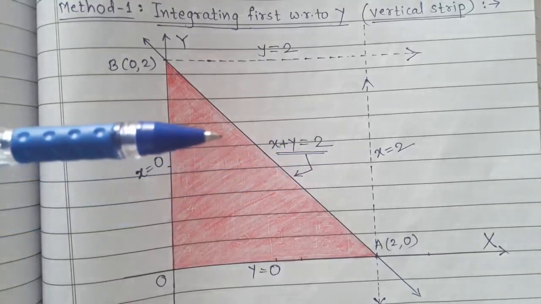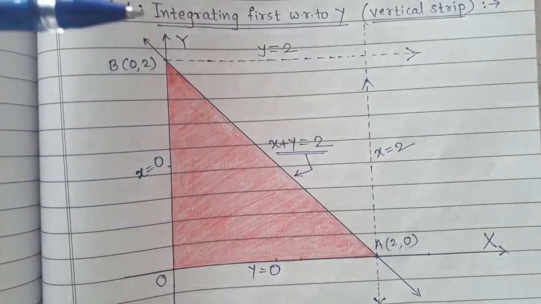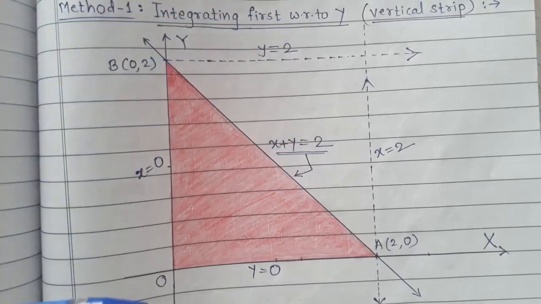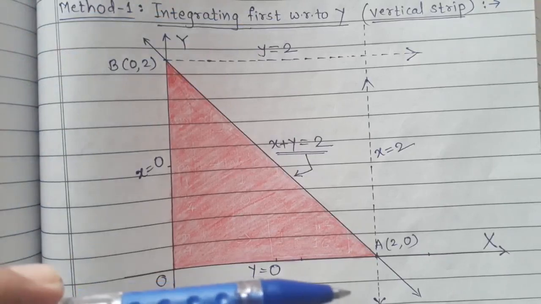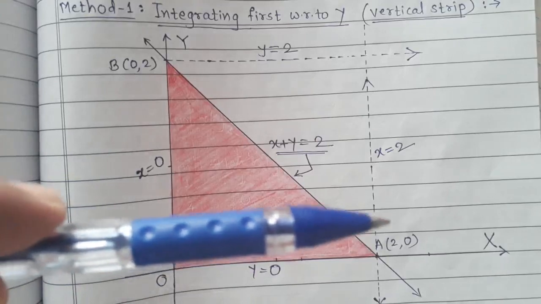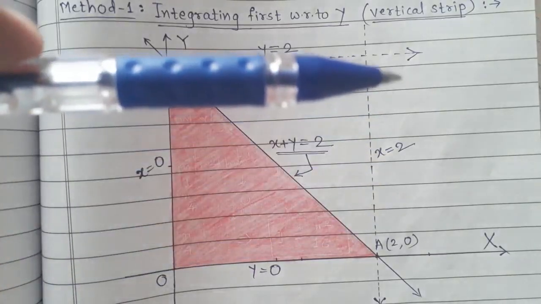Now for the limits of y, if the bullet is fired here, then it will not pass through the color, or if the bullet is fired here, then it will not pass through the colored region. So the bullet must be fired between this range, lower to upper.